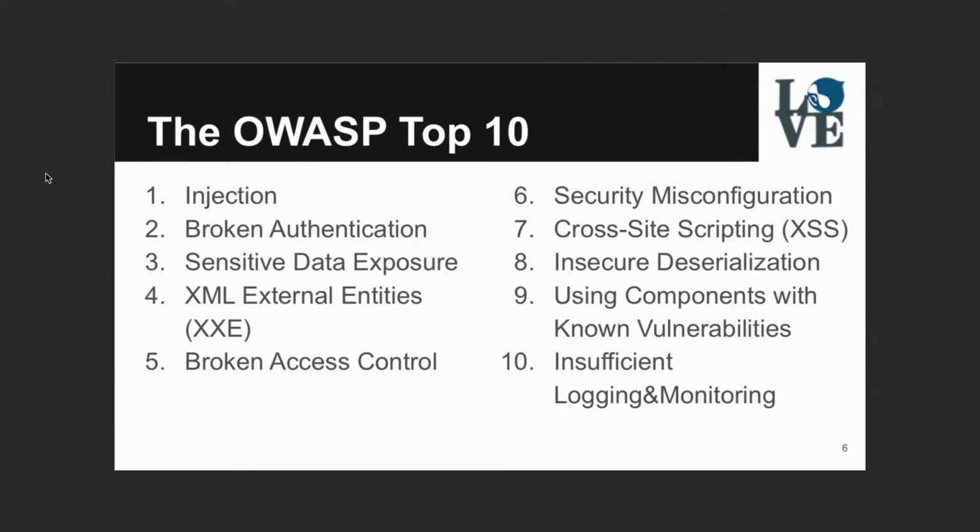What are the most important vulnerabilities to your web application today? What are the things that cause you the most problems? So this is based on a survey, and then they process that survey and add or remove things from this top 10 list. We'll cover one at the end that's been removed from 2013 to 2017.